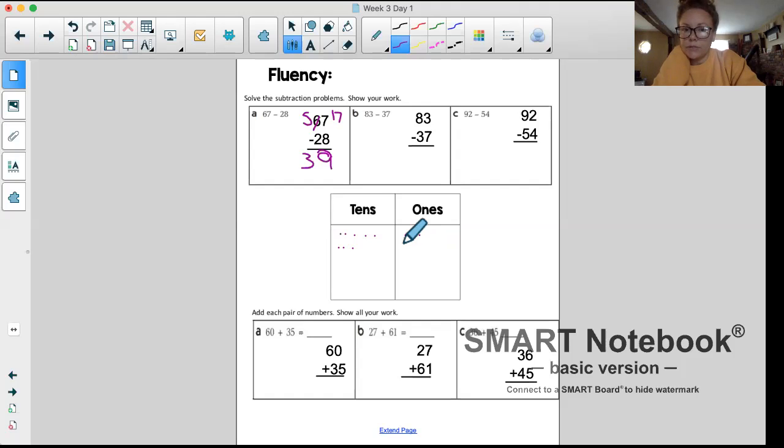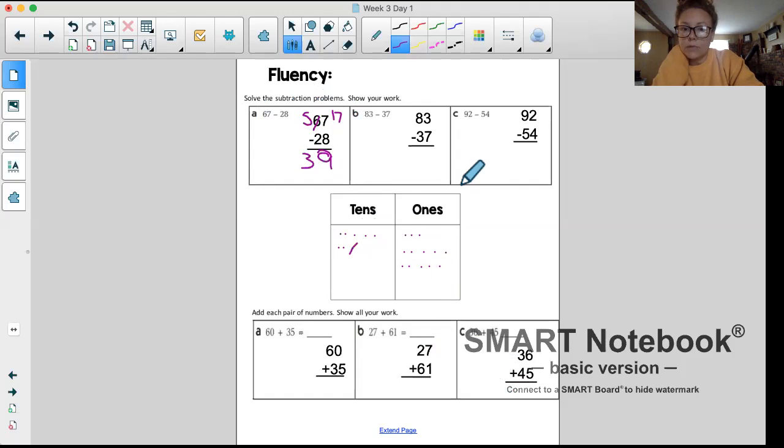So just like we do in our standard algorithm over here, we come to our tens place. We cross off 1 ten, and we're going to unbundle that 1 ten into 10 ones because those two are equivalent. And we are going to represent those 10 ones over here. 5, 6, 7, 8, 9, 10.